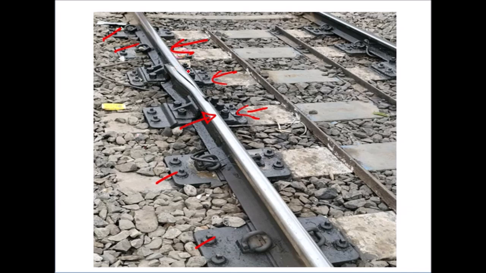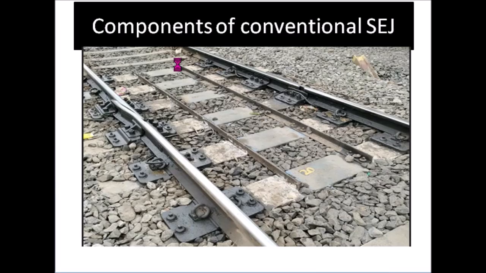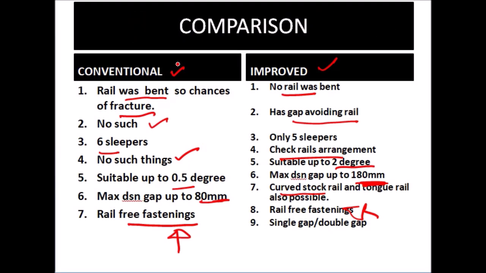The rail was allowed to move, expand or contract freely. All fastenings were attached to plates and sleepers, but none of them was attached to the rail. No hole was made and connected to the rail, so the rail was free. That's why it is called rail free fastenings.